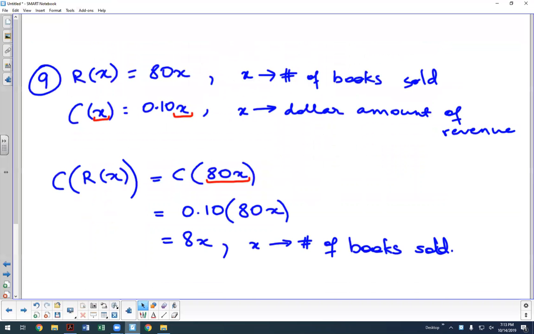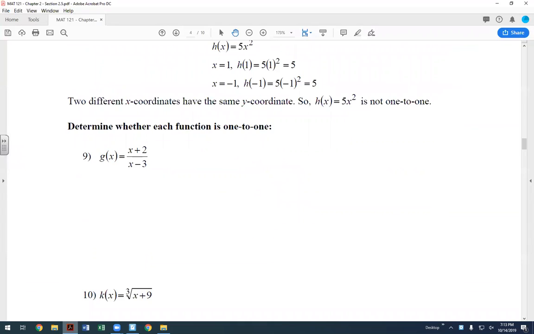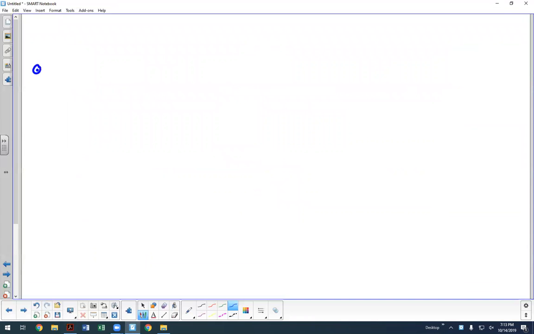So let's look at this guy here. This one was number 9. So this is the g of x function, x plus 2 over x minus 3.